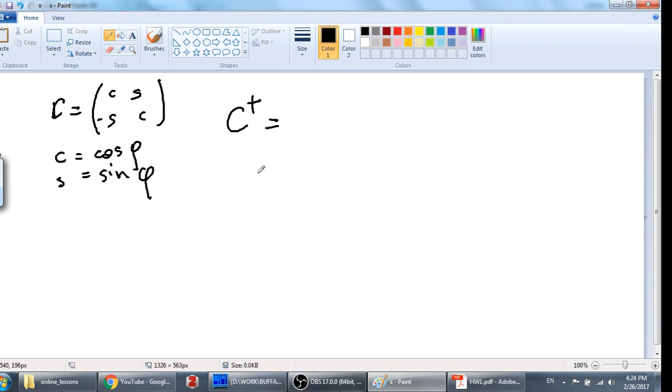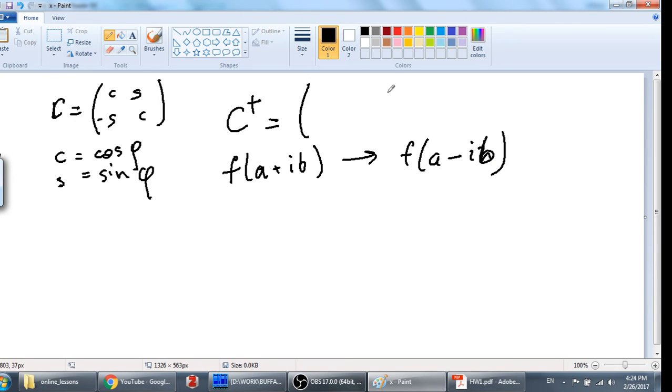What the complex conjugation means is that you take any function of a plus I b and convert it to, I mean, the functional form stays the same, but everywhere you see I, you change the sign to the opposite. But then after this conjugation, you need to transpose.